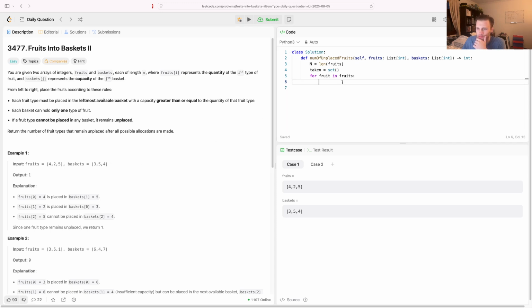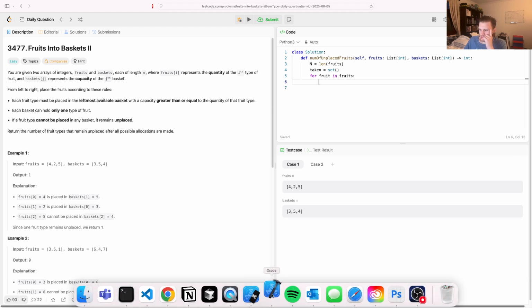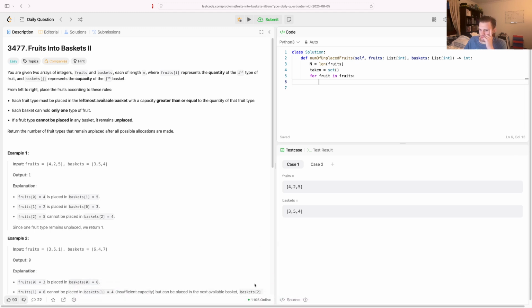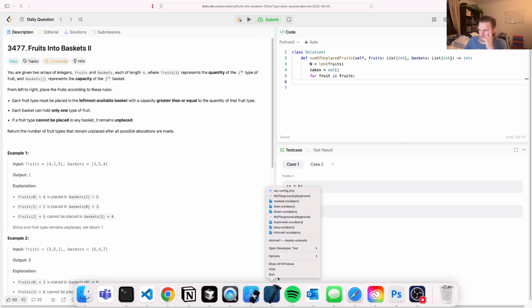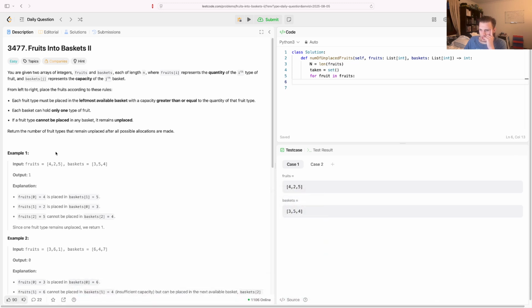I don't love this one. So for each fruit, we have to find the leftmost open basket that's greater than or equal to a specific value. If not, just return the greatest basket. This is kind of whack, actually.